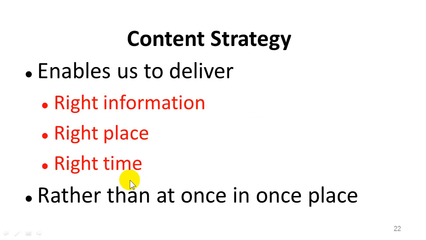Here again, content strategy enables us to deliver the right information at the right place at the right time. We just don't throw stuff on the page. We want to put it on the page strategically so that it meets the goals, objectives, and is right for the user.